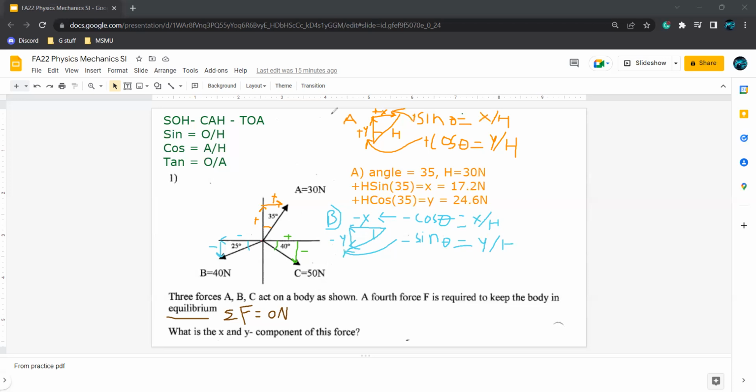And then if we plug that in, you're gonna get negative h cosine, your angle 25.